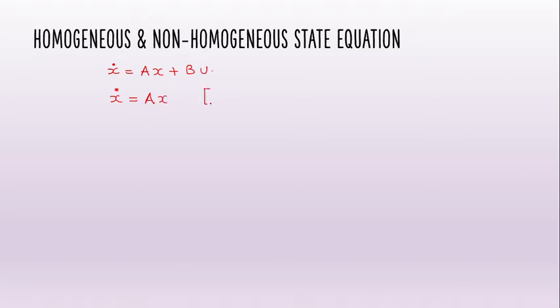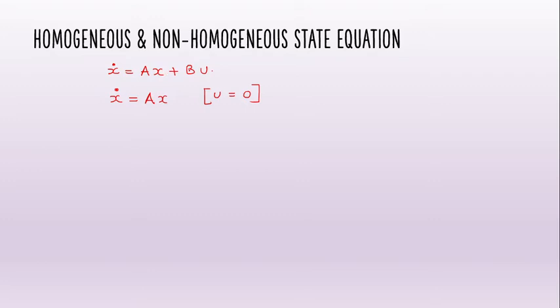Why? Because input u is 0. So these are all variables of t, and I am omitting the t just to write it in an easy way. Input and state are all dependent on time.